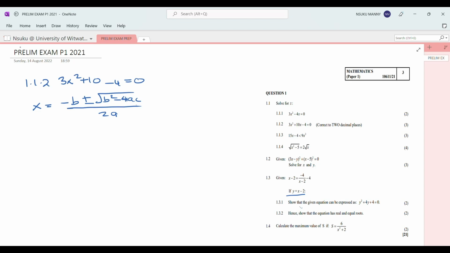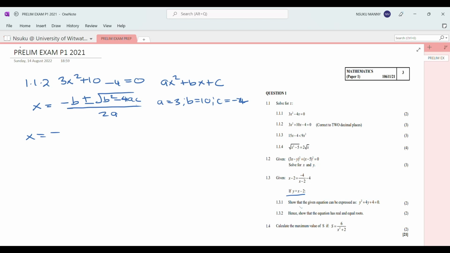Our general form for quadratic equations is ax squared plus bx plus c, where c is our constant, and we just need to substitute these values. So we know that our a is equal to 3, our b is equal to 10, and our c will be equal to negative 4. So we're just going to substitute that into the equation and solve it.